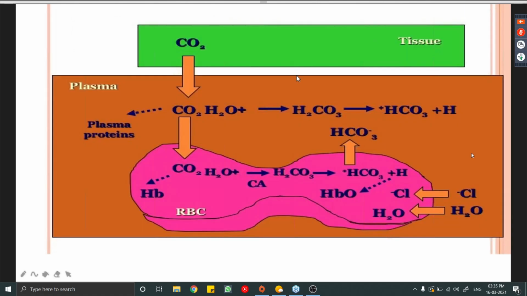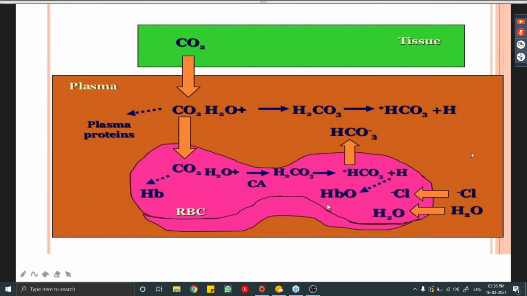So this is what happens from the tissues. It is coming to the RBCs, where with the help of carbonic anhydrase, it gets converted into carbonic acid, which gets broken down into bicarbonate and H plus. Because hemoglobin contains 38 histidine moieties, it acts as a good buffer.